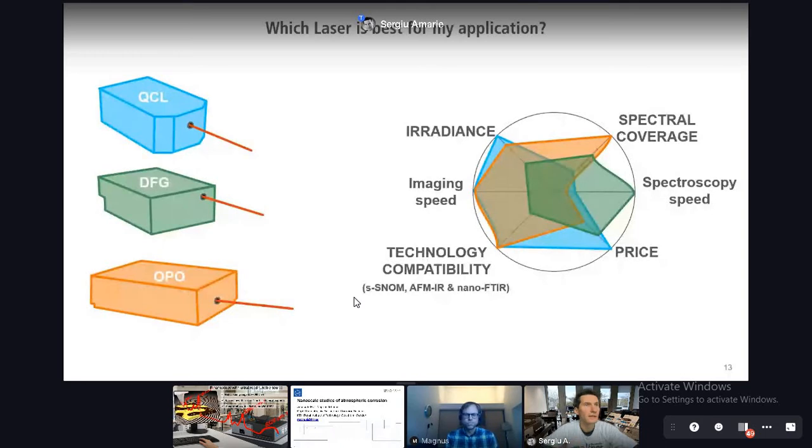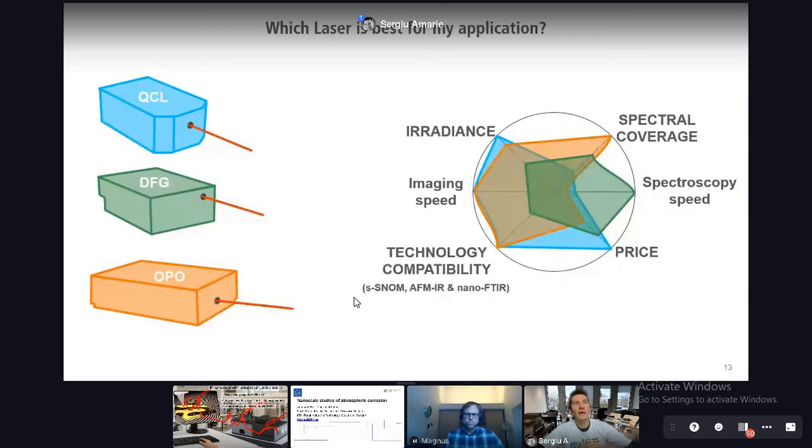Gianfalco asks, what is the XYZ resolution of the instrument? That's actually a very good question. XY always depends on the tip size. The standard tip size that we used in the images shown in the presentation is around 20 nanometers, so that will be the X and Y. The Z range depends first of all on the technology. You might use AFM-IR, which probes more volume, or tapping AFM-IR, which is more surface sensitive.